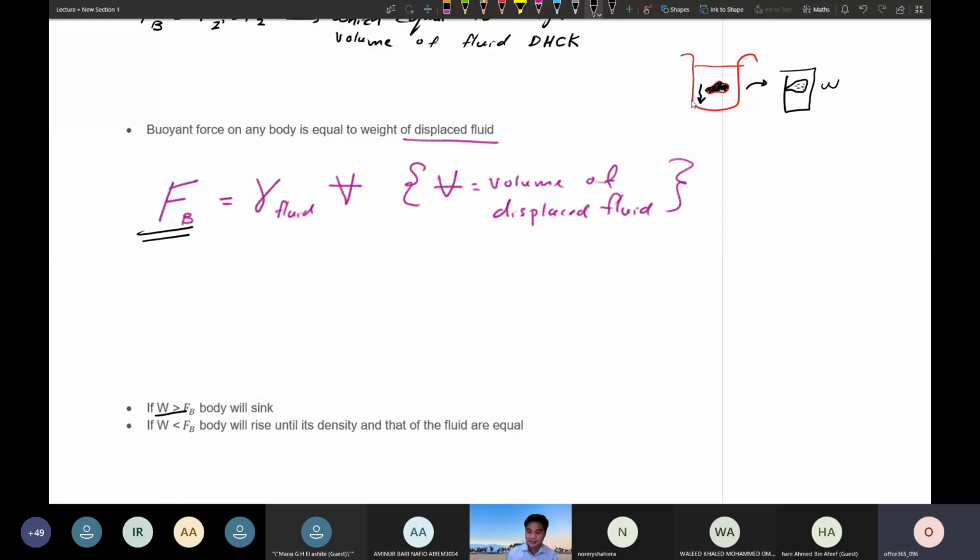Yes. So oil has a lower density than water, so that is why oil can float on top of the water.